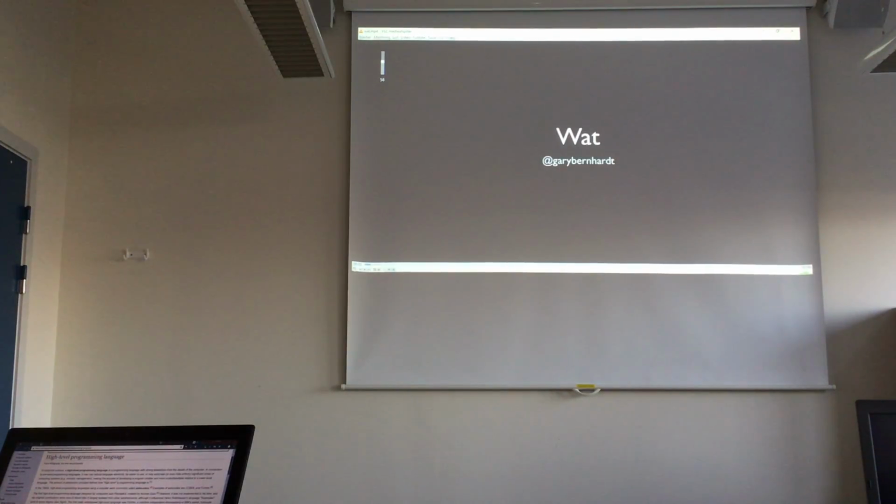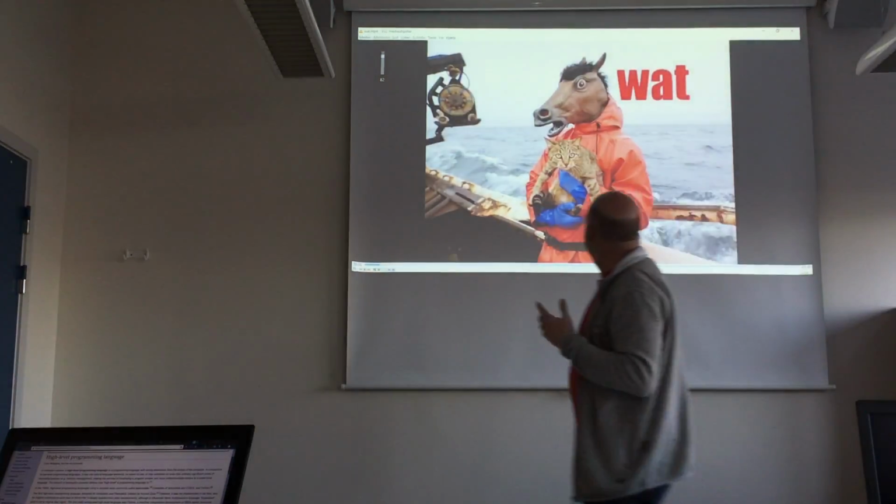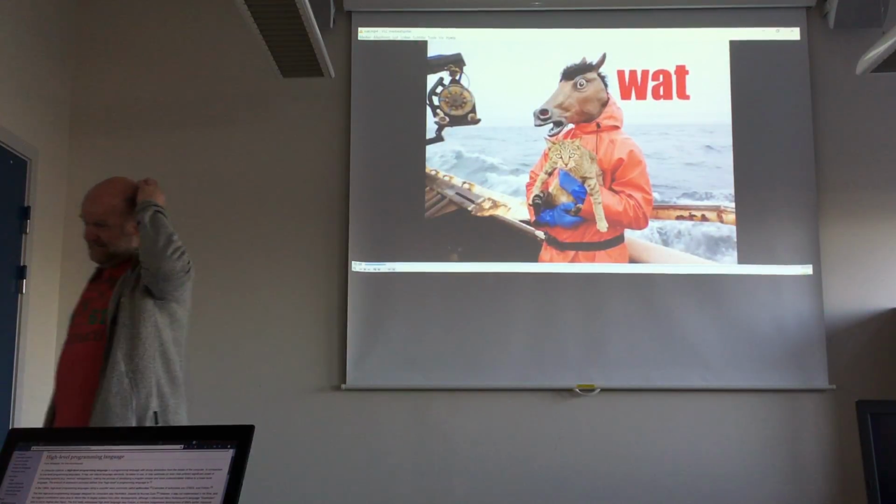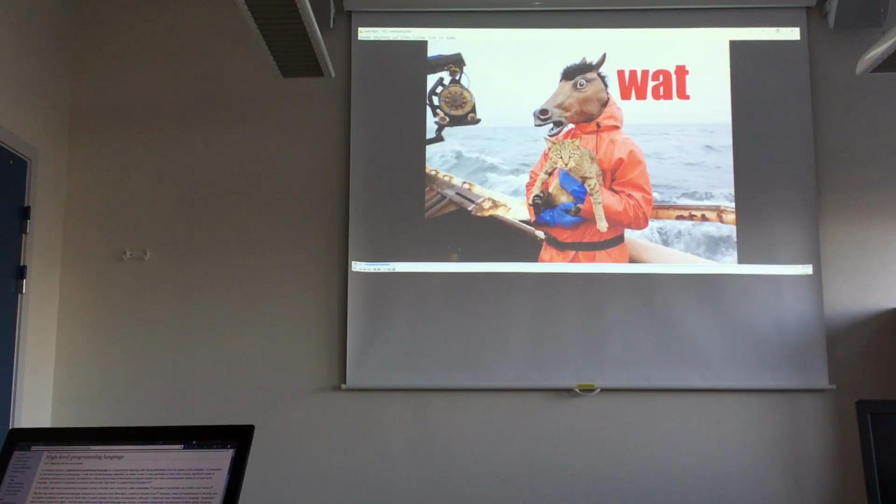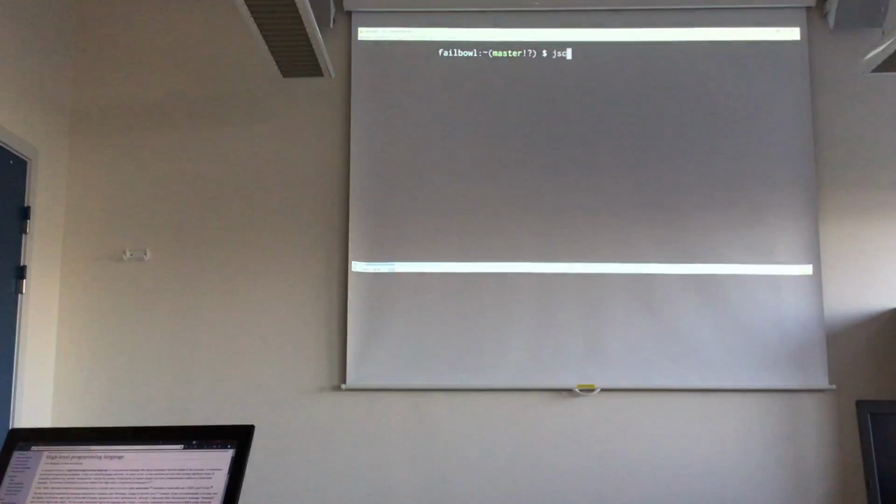All right, good. You guys know what WAT means? WAT. Exactly. Let's talk about JavaScript. Does anyone know in JavaScript what array plus array is? Well, let me ask you this first. What should array plus array be? Empty array, I would also accept type error.